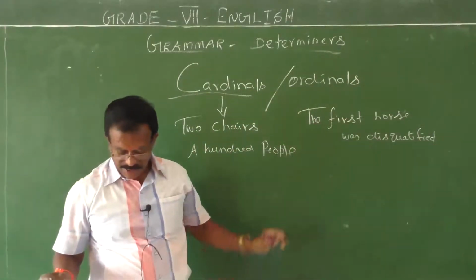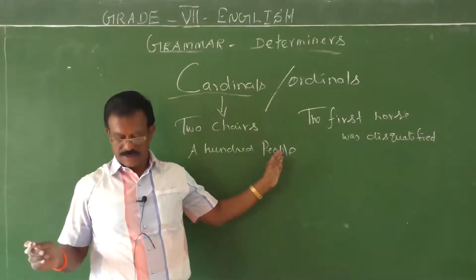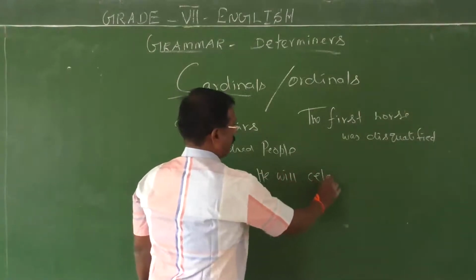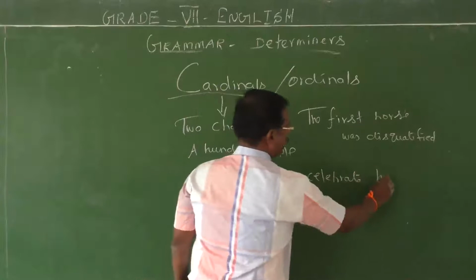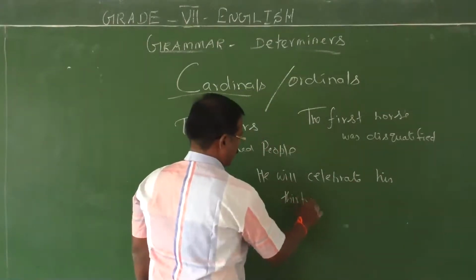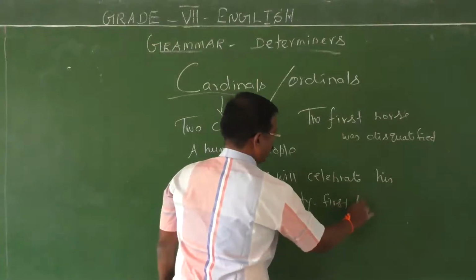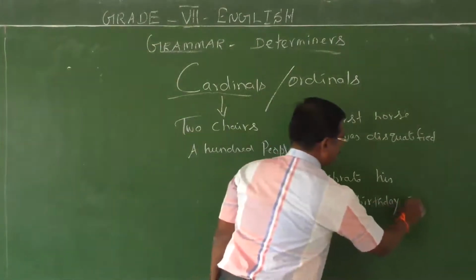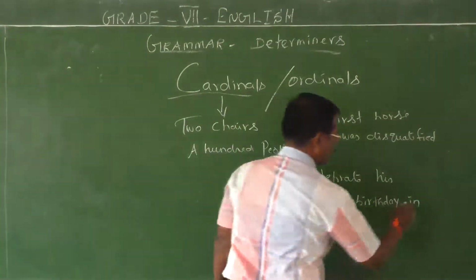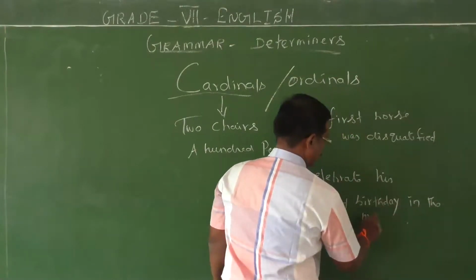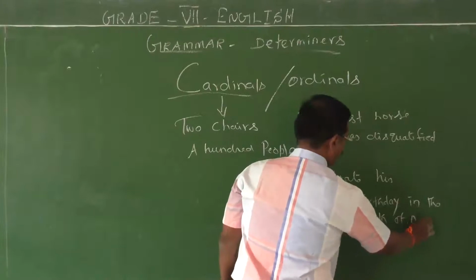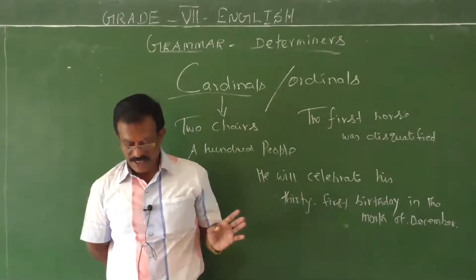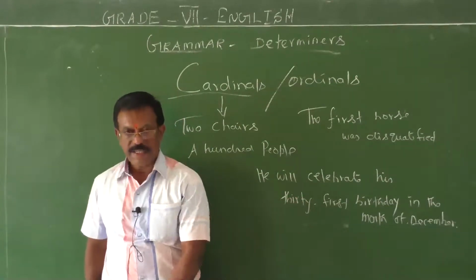And then, he is celebrating his 31st birthday in August. He will celebrate his 31st birthday in December, the month of December. Okay, fine. So cardinals as well as ordinals can be used as determiners.